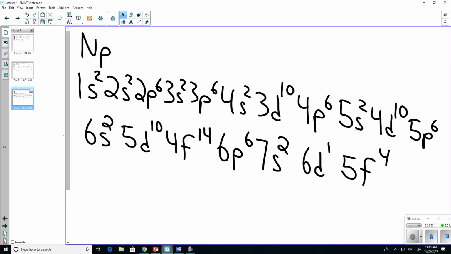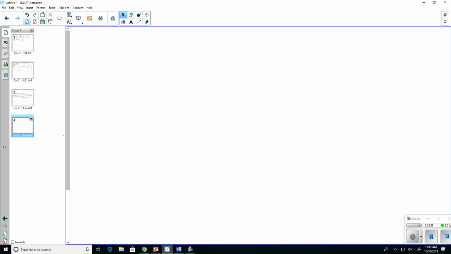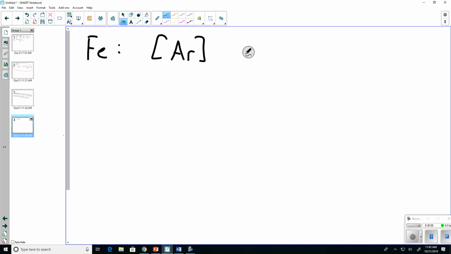So I'm going to do the shorthand notation for iron. Argon is the previous noble gas. 4s2, 3d6.